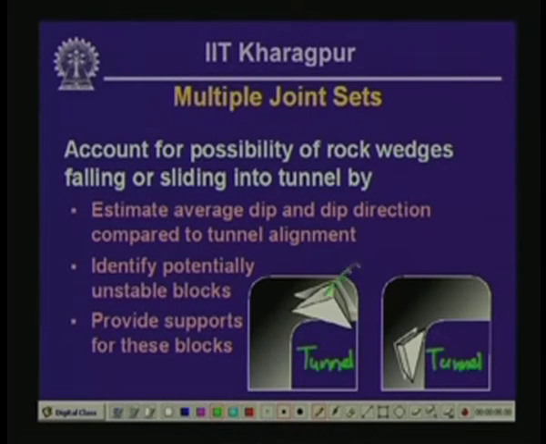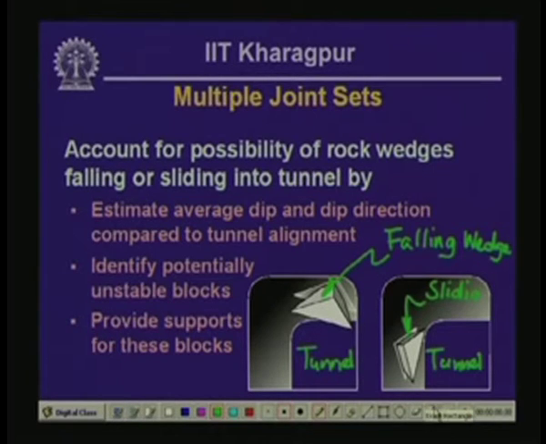This type of wedge is called a falling wedge, and if the wedge wants to slide into the tunnel from the side, then it is generally called a sliding wedge.